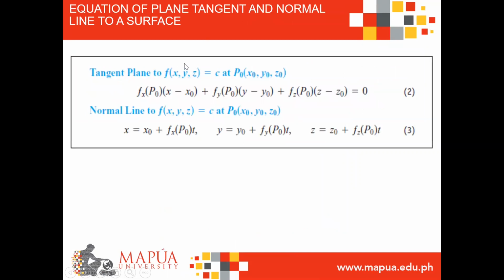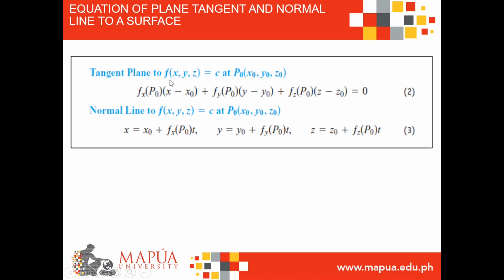Let's have the following formula. So we have here the equation of tangent plane and normal line to a surface. For the equation of the tangent plane, we have the partial derivative of the given function with respect to x evaluated at the given point p sub 0 multiplied by x minus x sub 0, plus the partial derivative with respect to y evaluated at p sub 0 multiplied by y minus y sub 0, plus the partial derivative of the given function f with respect to z evaluated at p sub 0 multiplied by z minus z sub 0, equals 0.